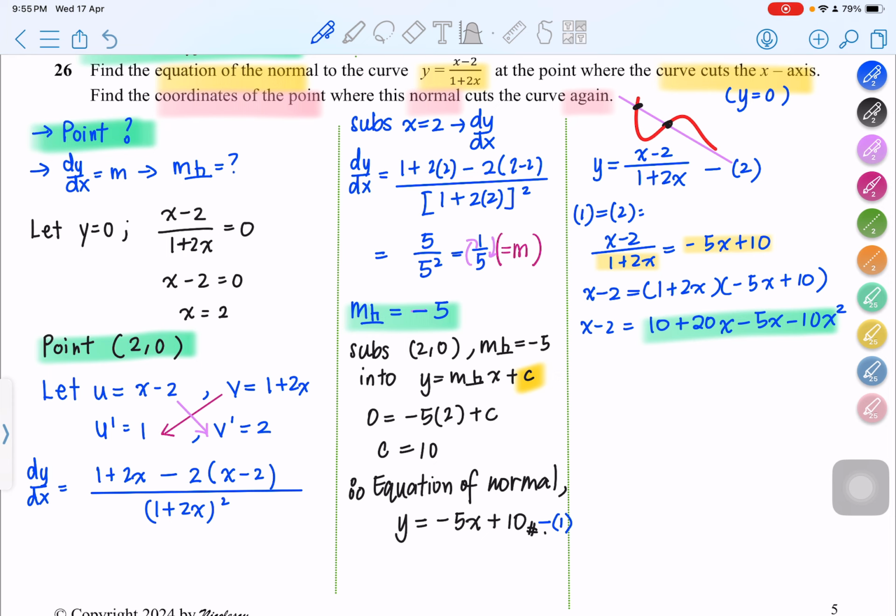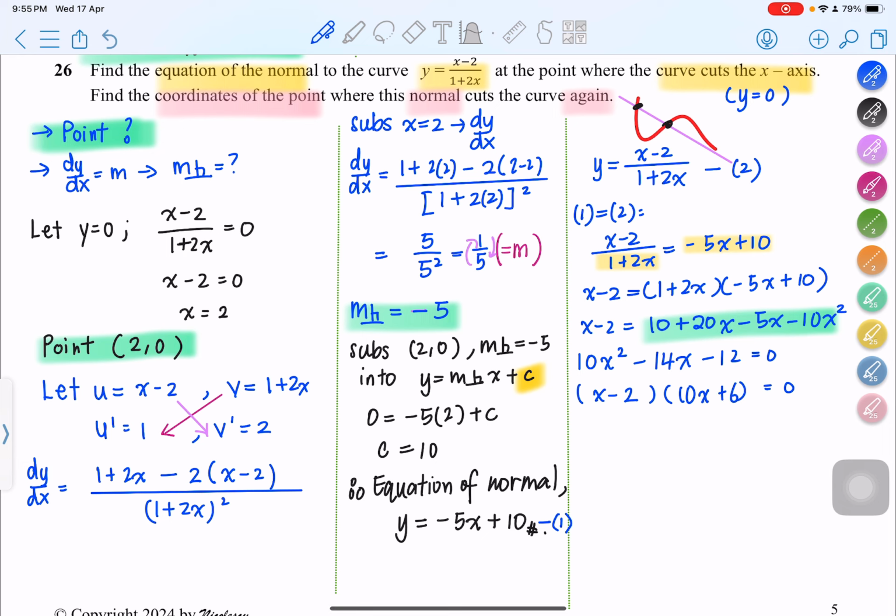By collecting like terms, I get 10x squared minus 14x minus 12 equals 0. Thereafter I factorize my quadratic. So from here I get x minus 2 and another factor 10x plus 6.